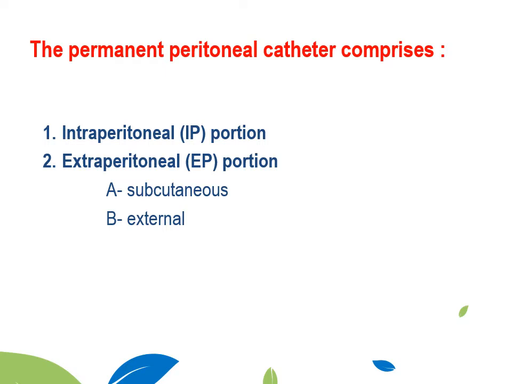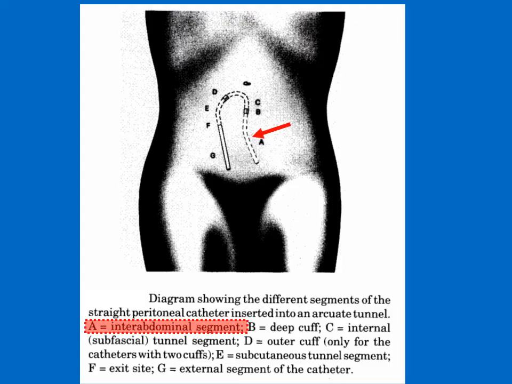The permanent peritoneal dialysis catheter, the chronic one, has two major parts: the intraperitoneal and the extraperitoneal parts. The extraperitoneal part also has two parts, a subcutaneous part and an external part. As we can see in this cartoon, this arrow points to the intra-abdominal segment, where the catheter goes from the deep cuff to the Douglas pouch.